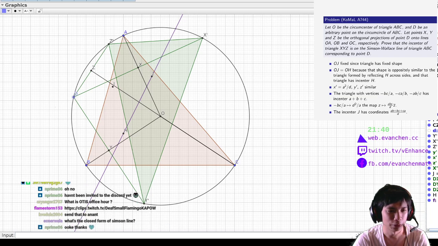What's a closed form of the Simpson line? I don't remember. I just remember how you do the reflection. Frick. I only know that a plus b plus c over 2 is in this case something we want.